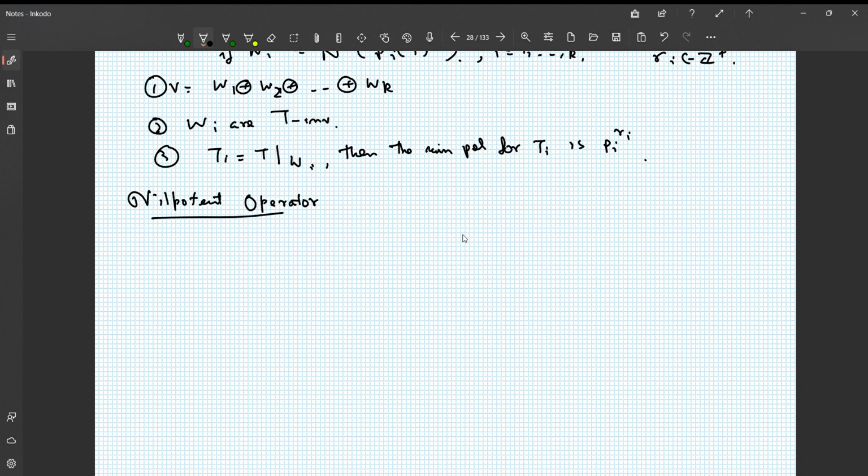So what was the nilpotent operator? It is an operator N, let's say over a finite dimensional vector space.